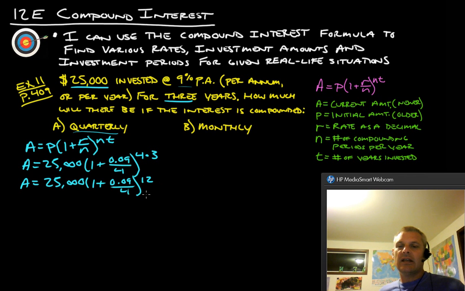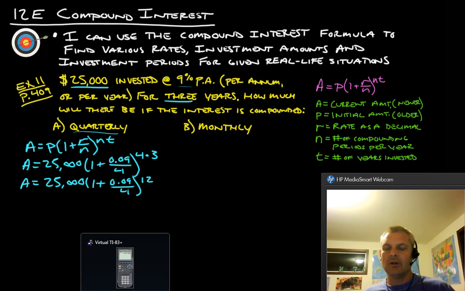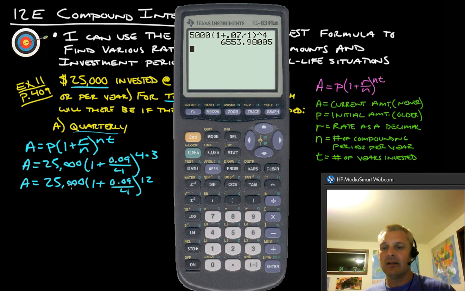Okay. Now, just really quick before we actually calculate this out, I want to explain what this in here means. This is basically what you're going to multiply by. This is basically your interest that you're multiplying by. So, for example, we take our 1 plus 0.09 and we divide it by 4.